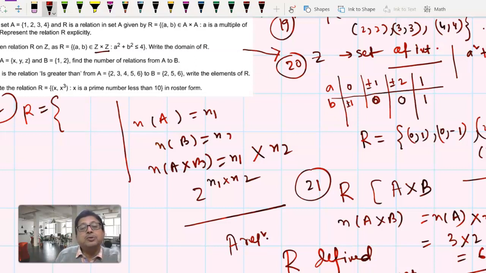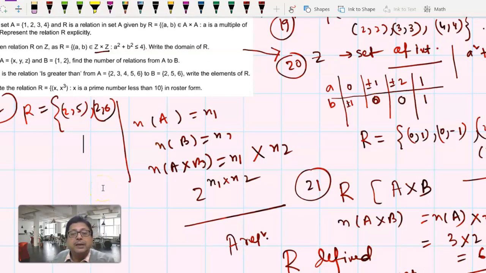2 2 not possible, 2 5 is possible. 2 5, 2 6. Okay. Then there may be second element, it may be 3 5, 3 6.